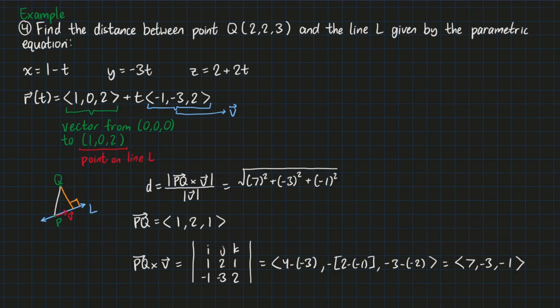This is divided by the magnitude of V, which is the square root of negative 1 squared plus negative 3 squared plus 2 squared. So this should equal the square root of 59 divided by the square root of 14. Which means that the distance between point Q and line L is approximately 2.053 units.